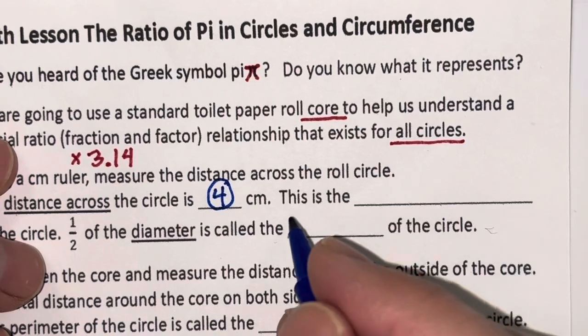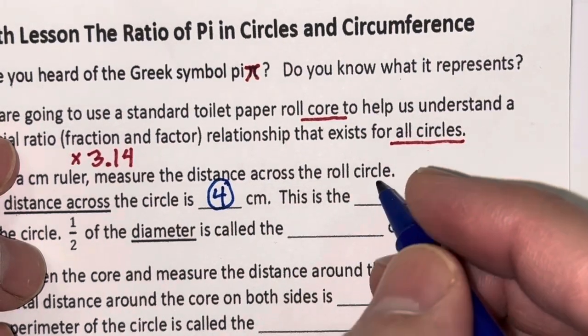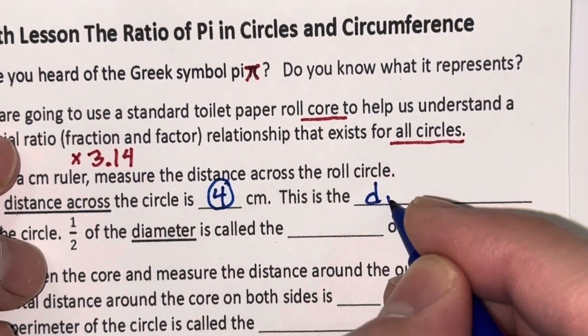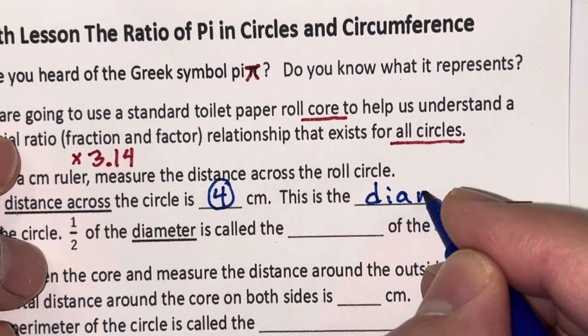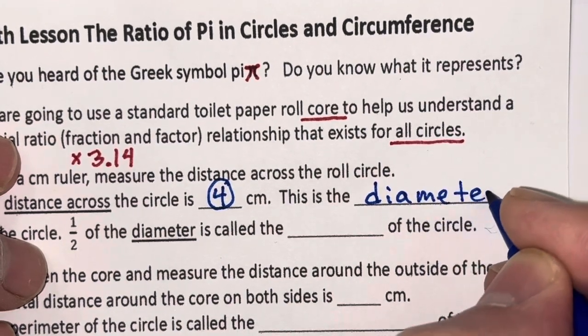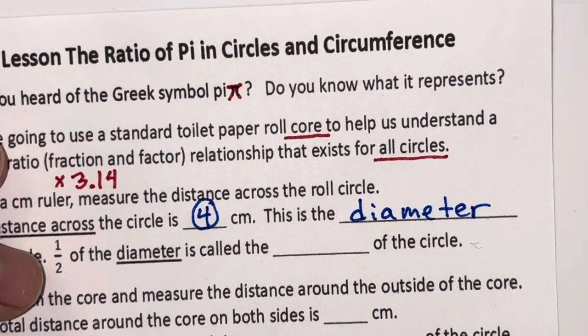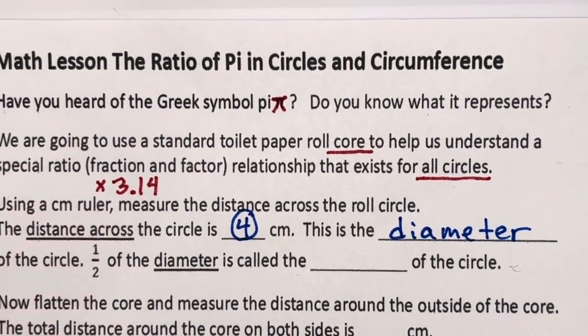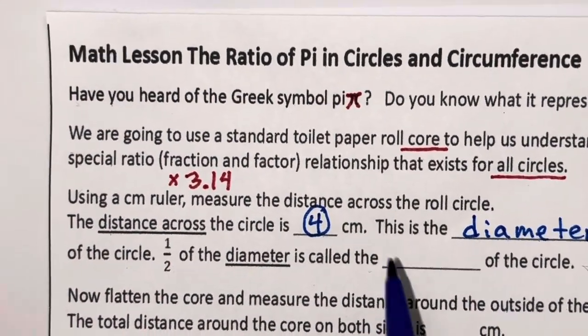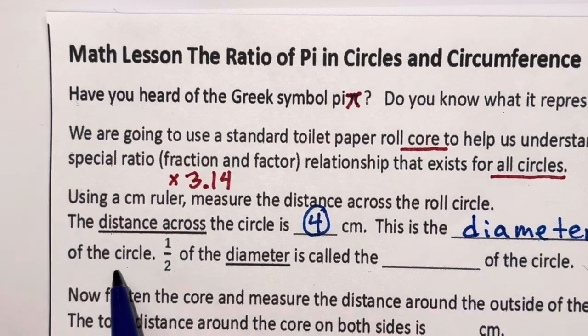And this distance across the circle, we're going to call this the diameter. Okay, it's going to be how big or how small, how wide is that circle. Okay. And this is the diameter.